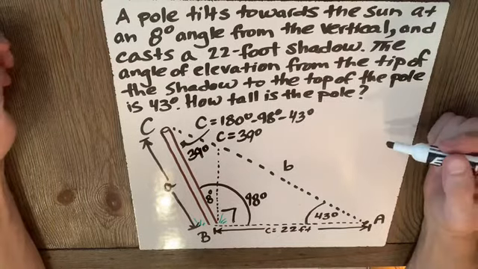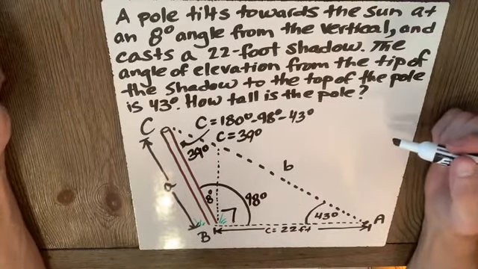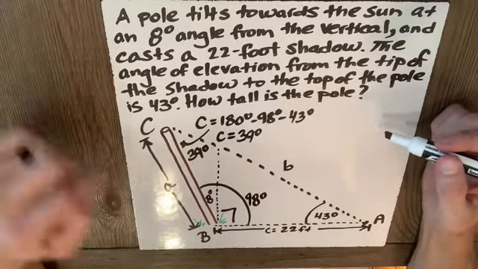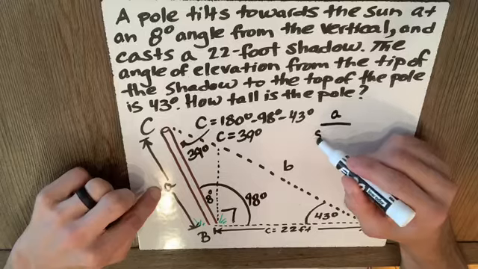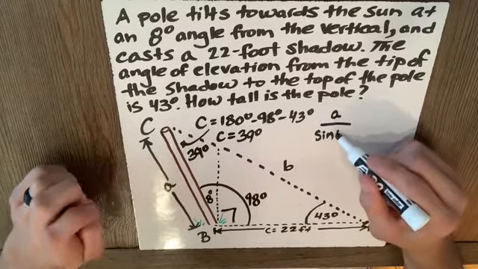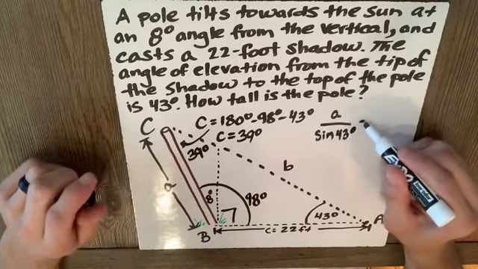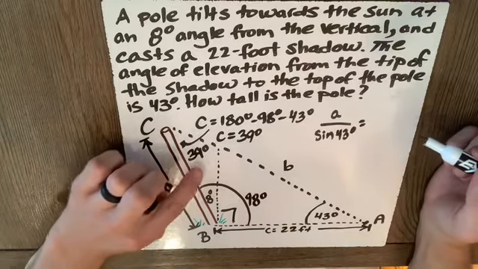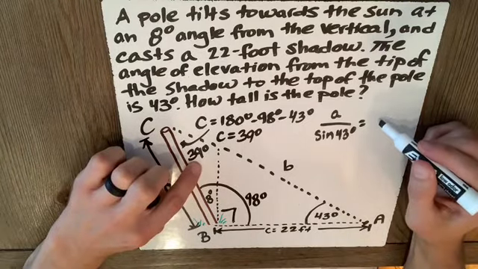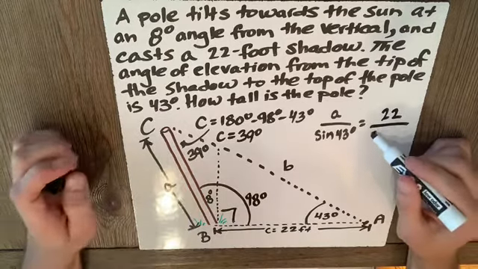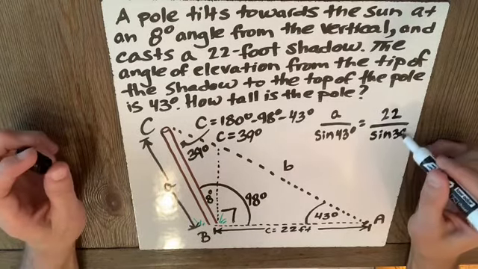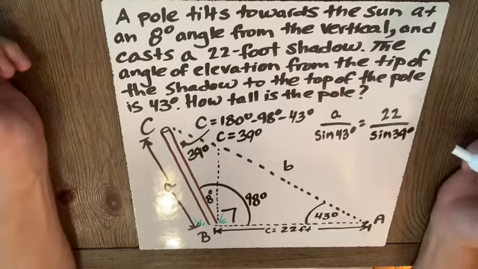It's an oblique triangle. Law of sines also works for right triangles, by the way. So because I'm looking for A, I can say A over sine of A, which happens to be 43 degrees, is equal to, well, I do know that B here is 22 over sine of 39 degrees.